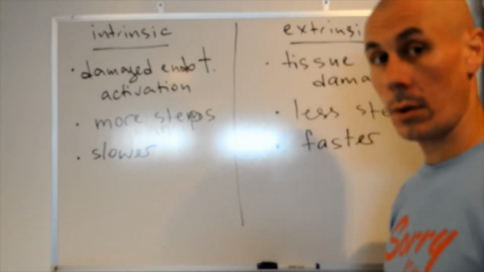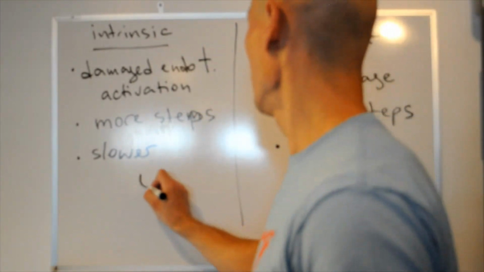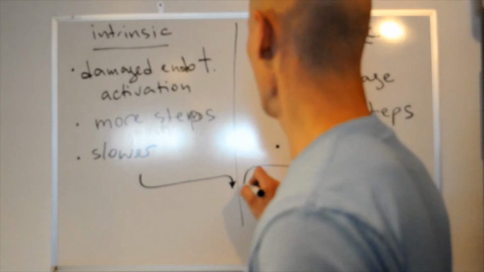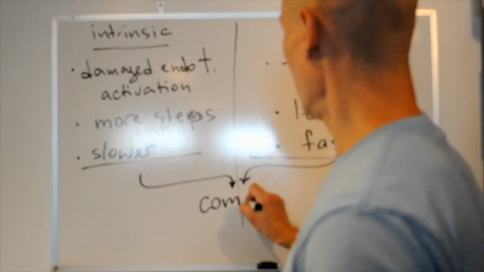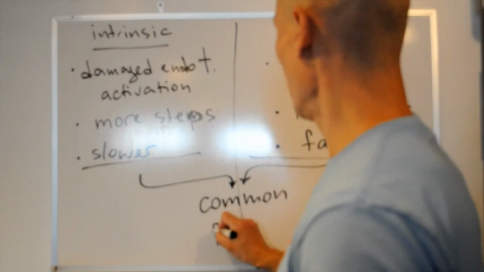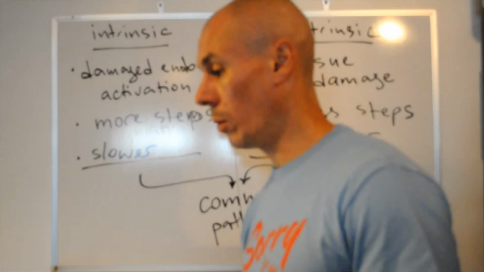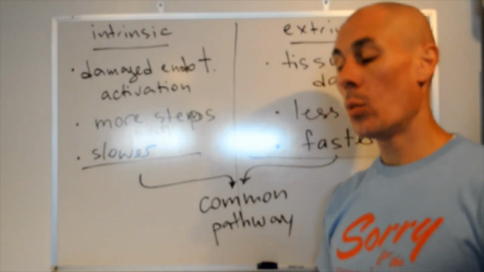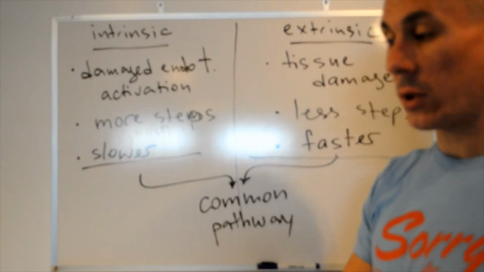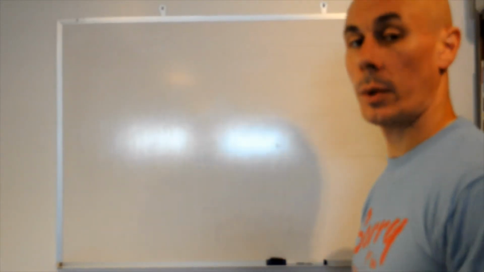So what's important to understand, both pathways, intrinsic and extrinsic, converge on the so-called common pathway. So in our next little fragments, we're going to chat about the intrinsic pathway, then the extrinsic pathway, then the common pathway. First, we're going to talk about the intrinsic pathway.